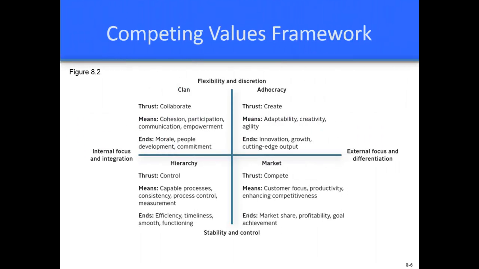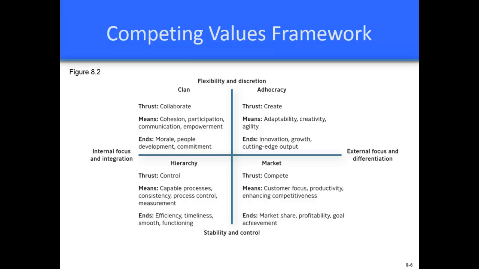Now, there are 4 types of organizational cultures, and you can see those here on this figure. They are the clan culture, the adhocracy culture, the market culture, and the hierarchy culture. Now, the clan culture has an internal focus and values flexibility, and you can follow along as you can see how our culture types are quadranted into this figure.